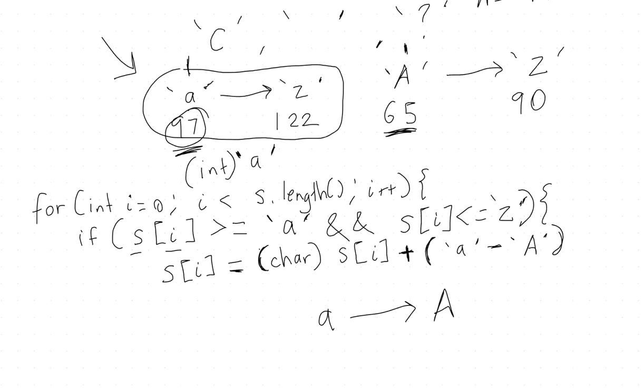I changed this to addition because you might not remember which one is represented by the higher ASCII value. Sorry, I think it's always minus, yeah. So 'a' minus 'A', and that should change what's at S[i] to become the uppercase version of that instead. Yeah, okay, yeah.